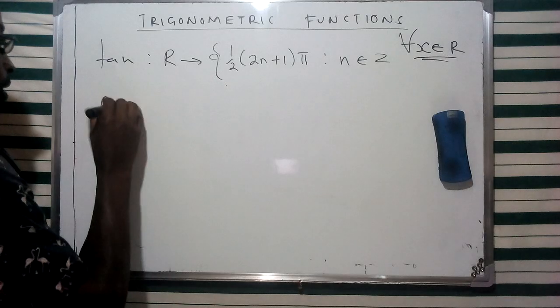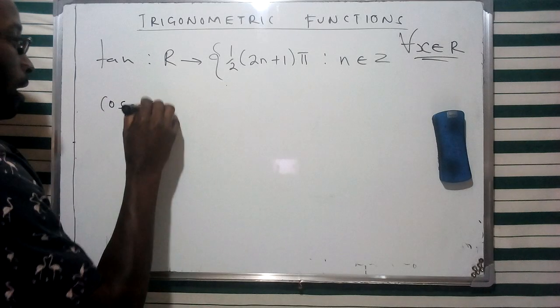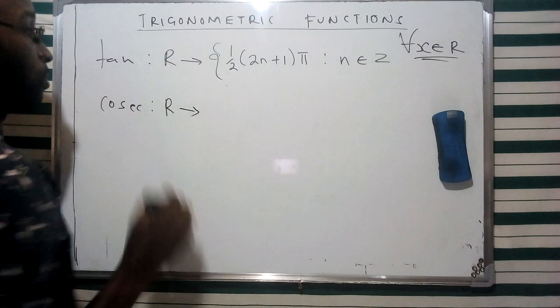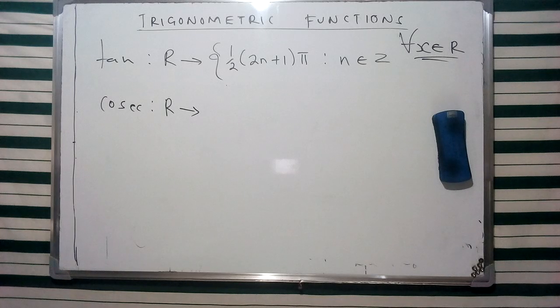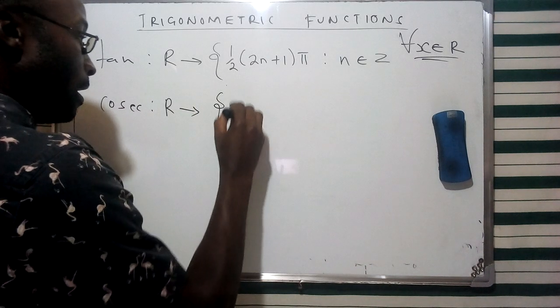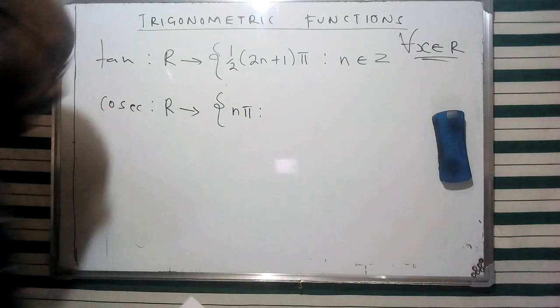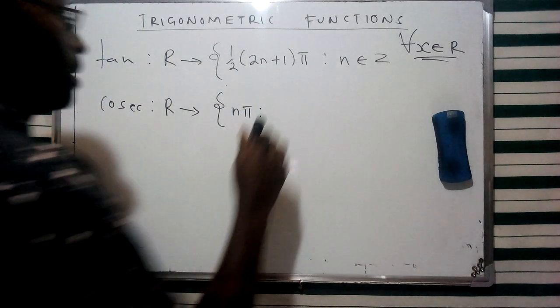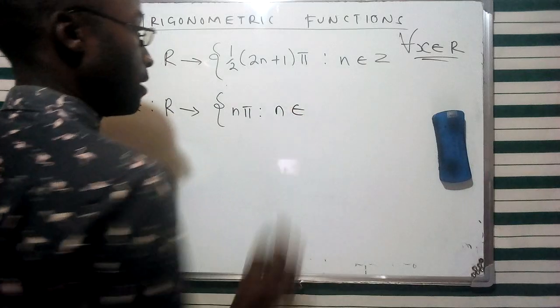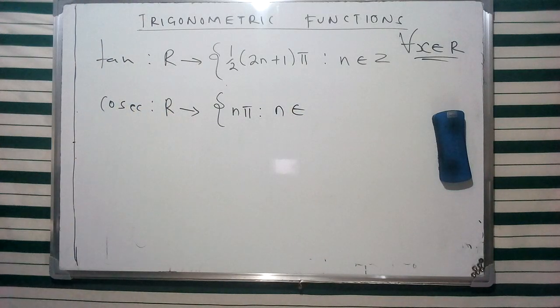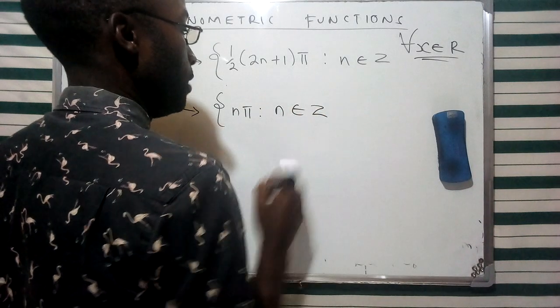Next we are going to look at the concept of a cosec. As we said, the cosec can also be represented in this specific case using a set of numbers given as n pi, whereby this particular set of numbers for n is a set of integers.